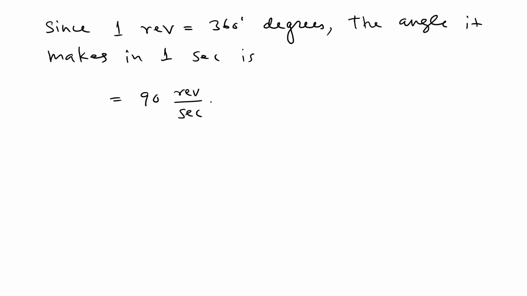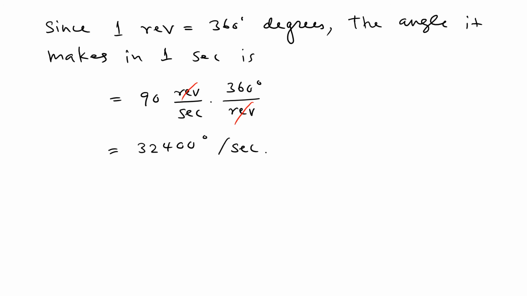But we know that in one revolution, it's going to make 360 degrees. That's how you do the calculation, and you can see the revolutions cancel out. You simply multiply the two numbers, so you're going to get 32400 degrees per second.